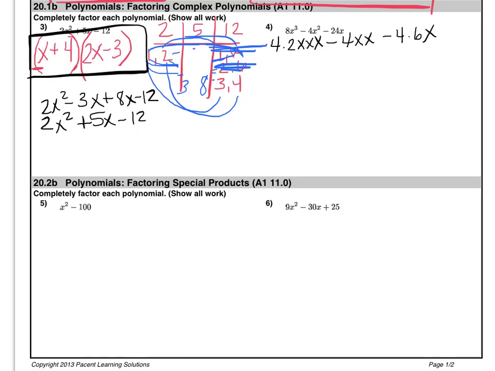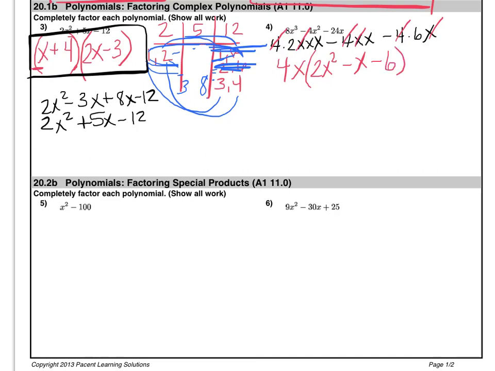Then I can see that I have a 4 in each piece, so it comes to the front, and I have an x in each piece, so it gets factored out and comes to the front. And then I make my parabola, and I'm left with 2x squared minus x minus 6.